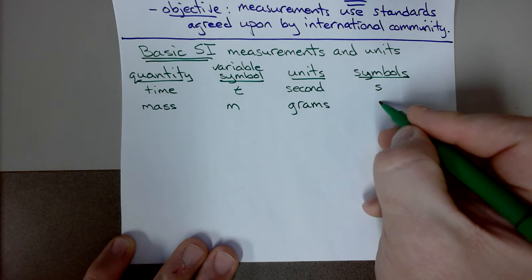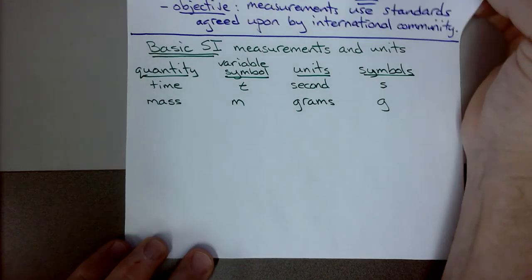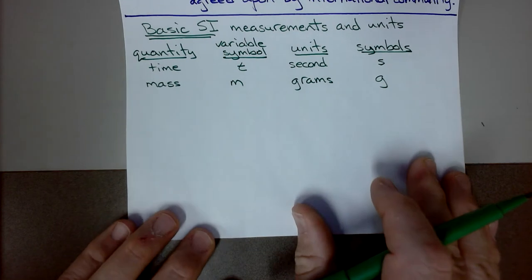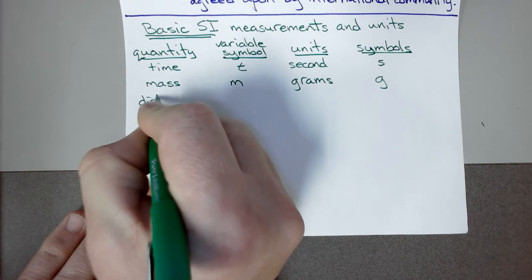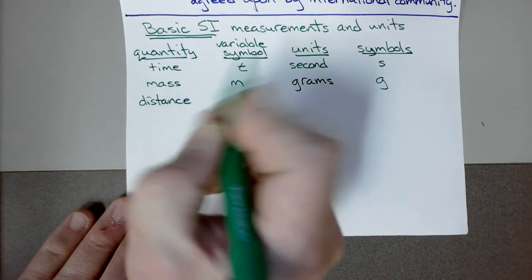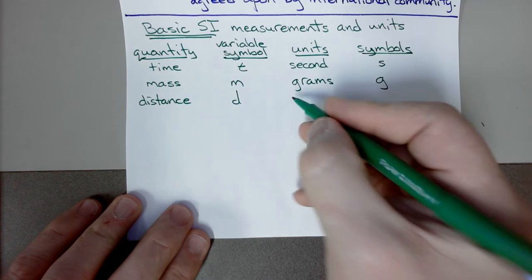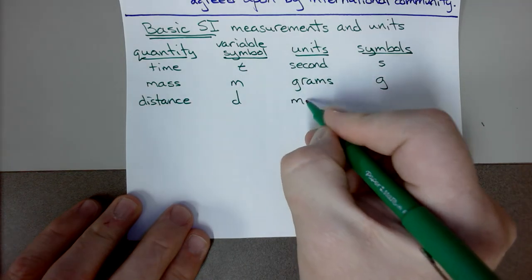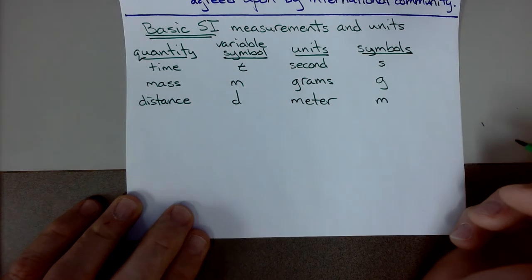Now grams are represented with a small g. The next quantity that can be directly measured is distance. Distance is represented in an equation with a d. The base unit of distance is a meter, and we use the small m for the meter.